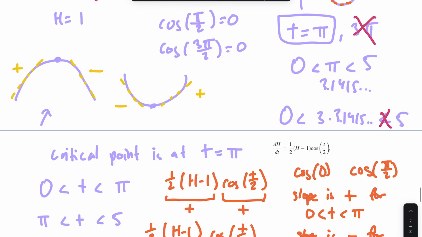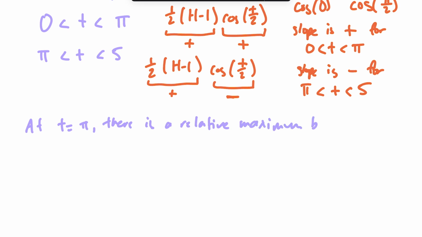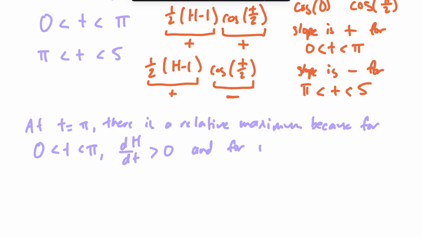So we would say that at t equals pi, there is a relative maximum because for t between 0 and pi, dh over dt is greater than 0, and for t between pi and 5, dh over dt is less than 0.